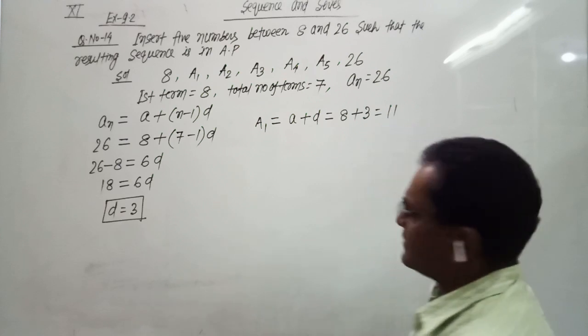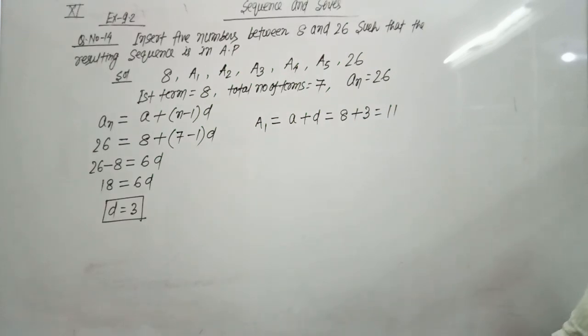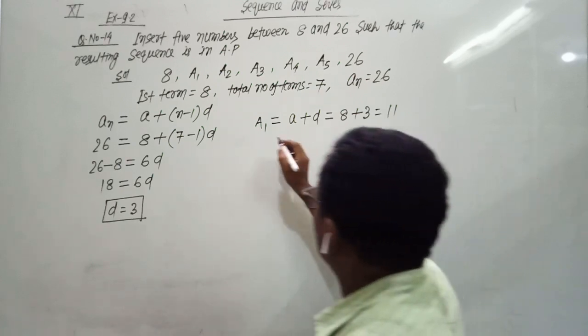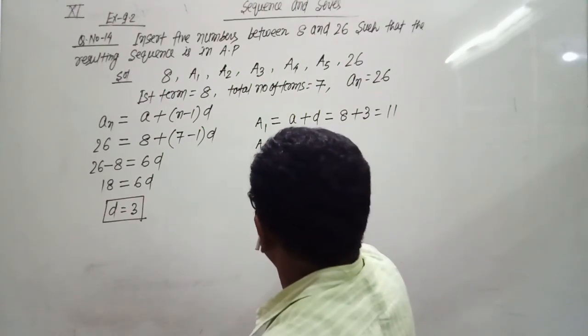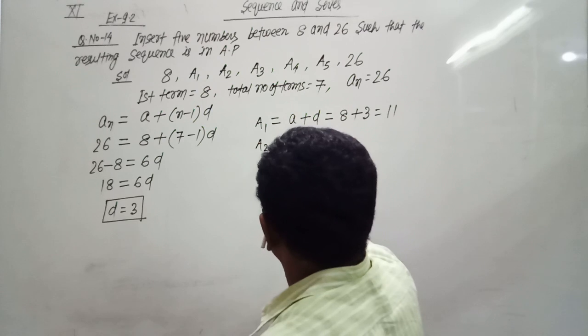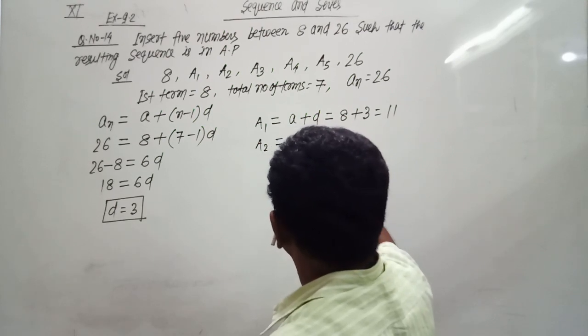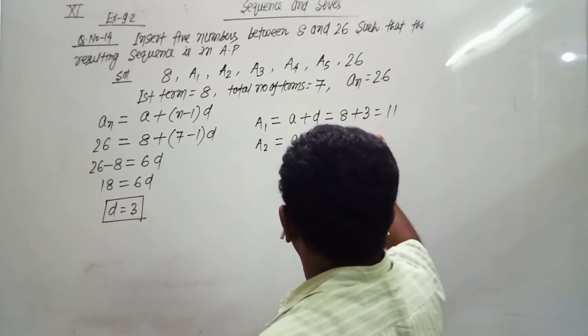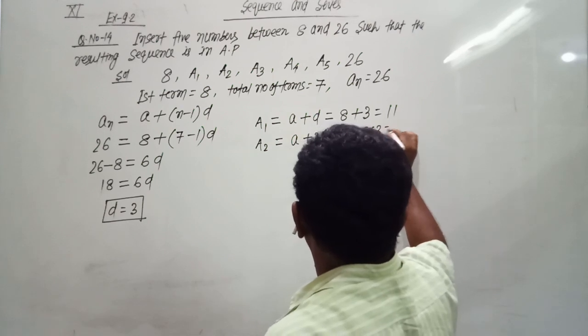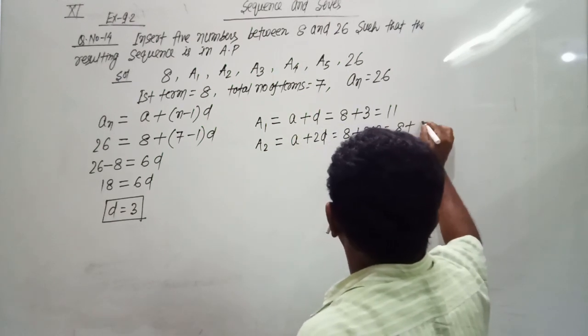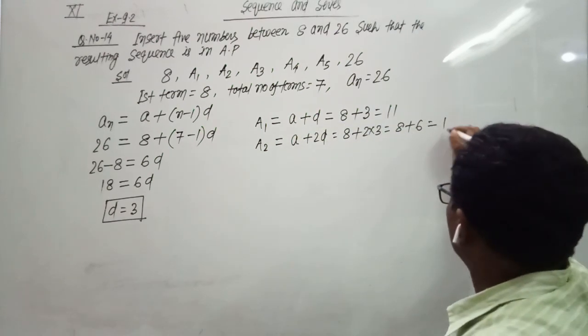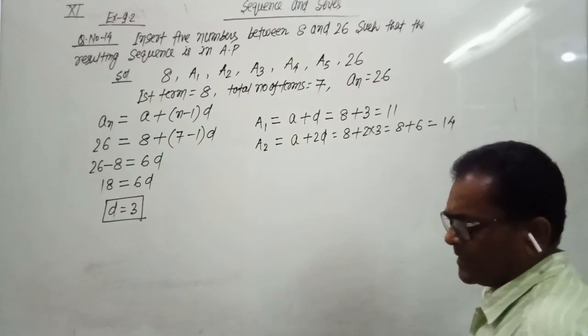So we get the first arithmetic mean a1 equals 11. Now the second number a2 is found by a plus 2d: 8 plus 2 into 3, 8 plus 6. The second number comes to be 14.